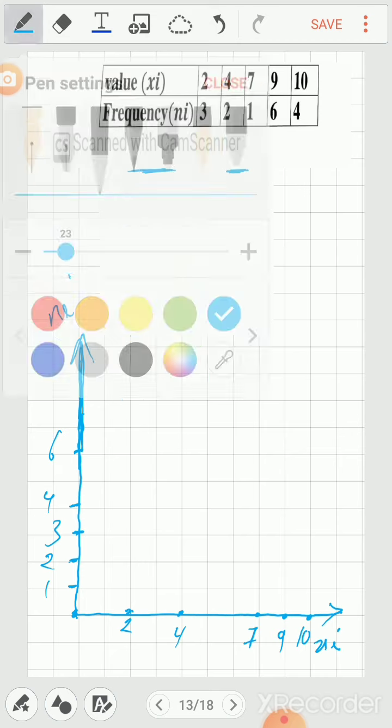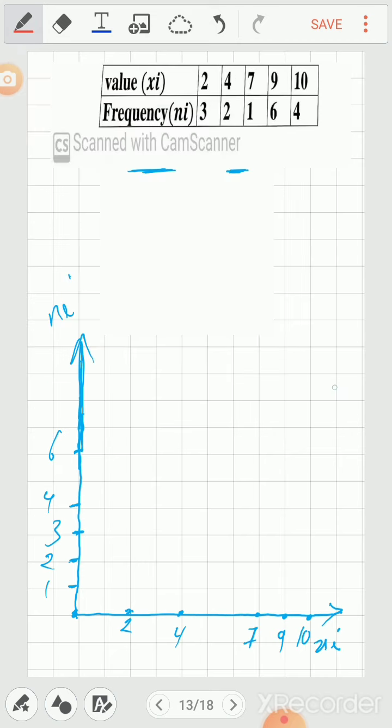So now we have to draw the bars. The first bar, the height at 2 is 3. Look here. This is 3. So this is the first bar. We are constructing bar graph.